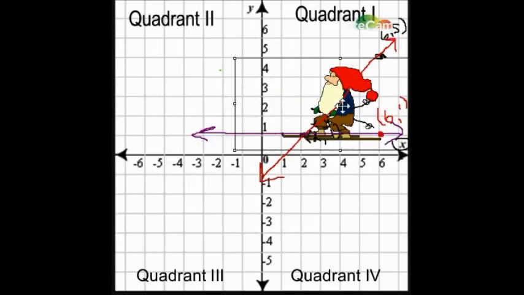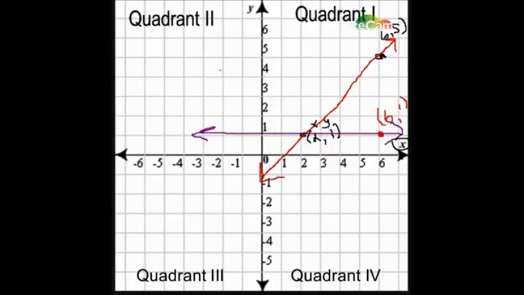So what if I told you guys we could actually figure out a number that would give us the slope of this line, and it would give us the slope of this line? And what if I told you it's pretty easy? All you do is take the y numbers in the 2 points that are in that line. So in that case, I would have this y number here and this y number here.